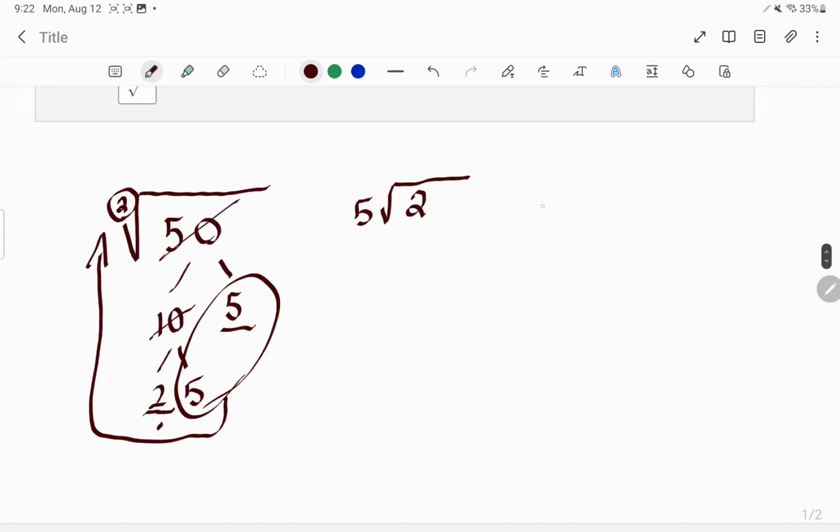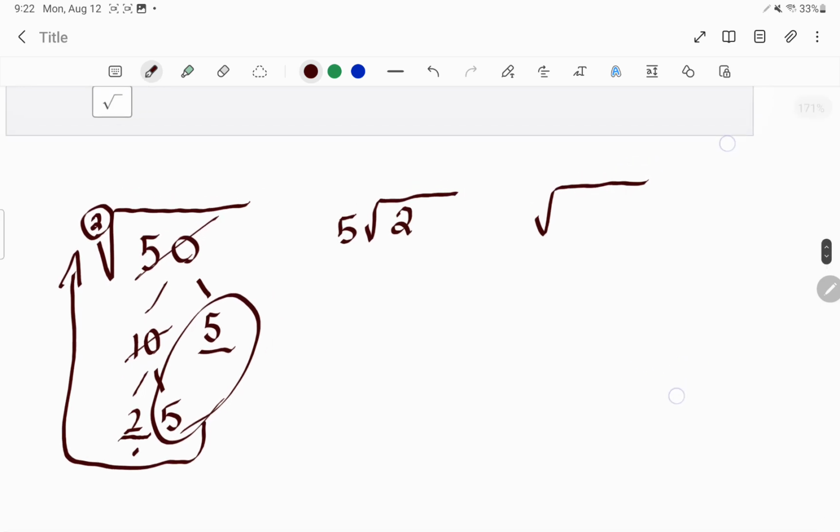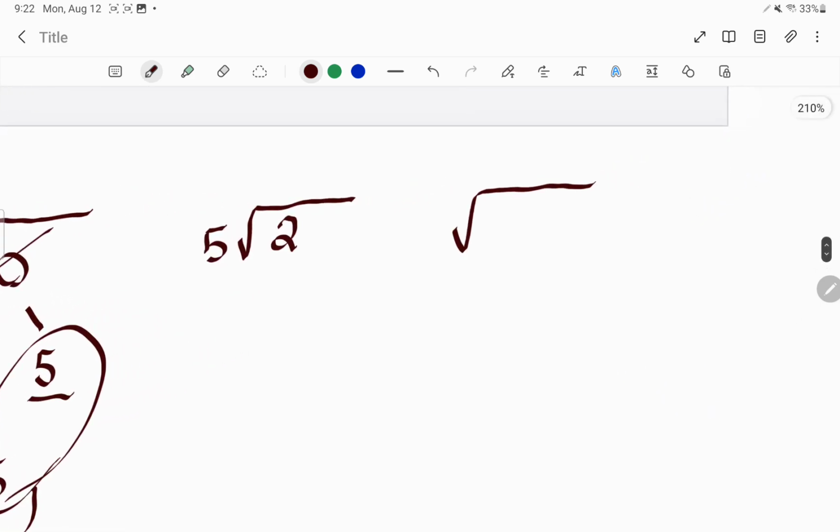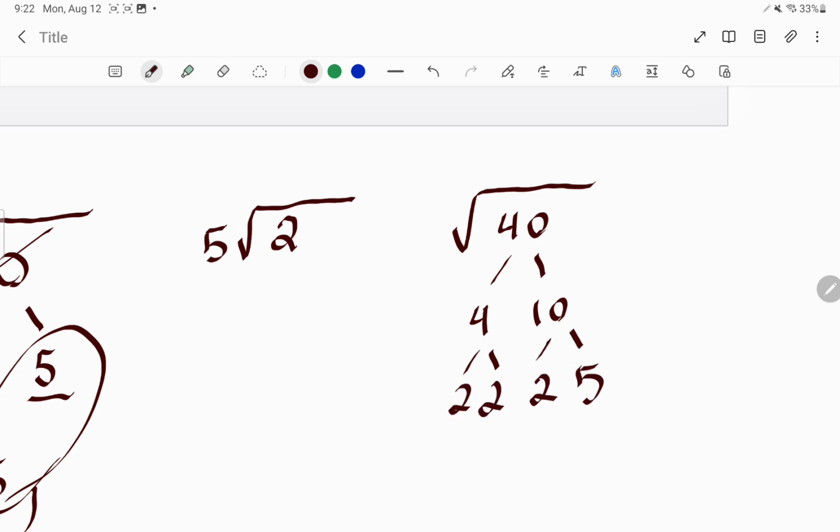Now let's do one more just so you guys can fully understand this concept. Let's do 40. So 40 is going to break down to 4 and 10. Then 4 breaks out to 2 and 2, and 10 breaks down to 2 and 5. Now you circle any groups.